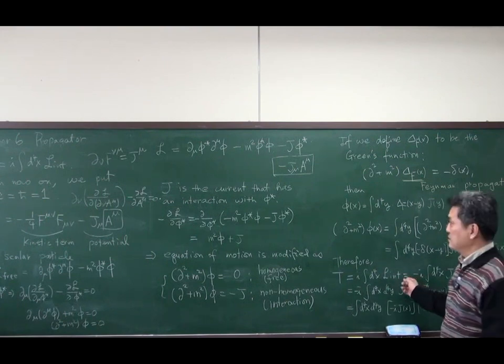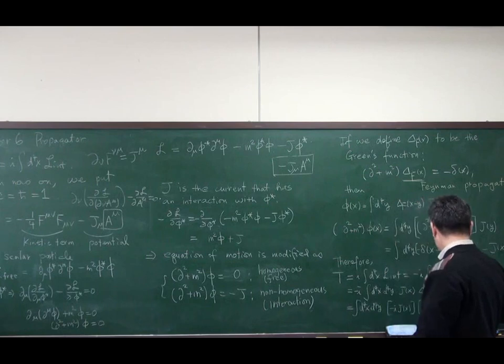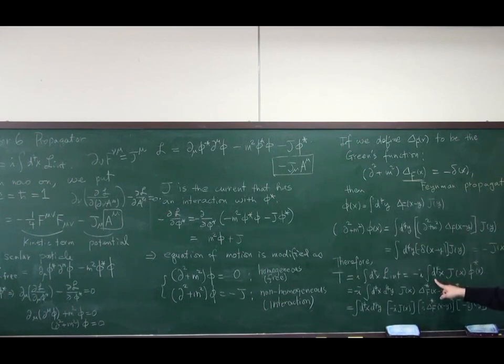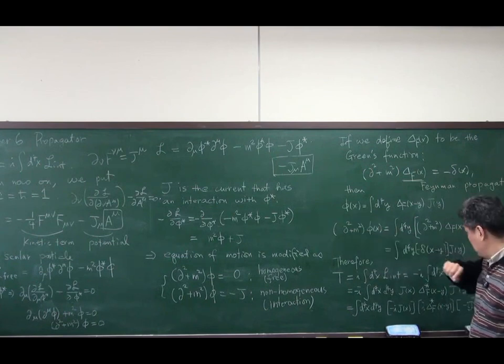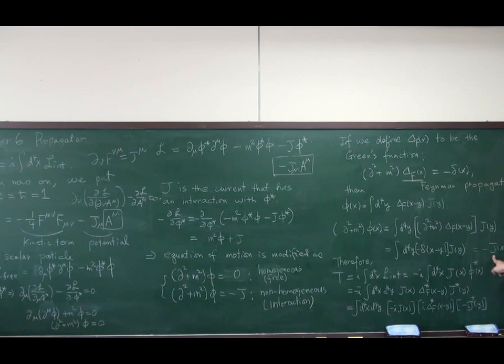And the interaction Lagrangian in here is j phi, both functions of x. But let us make use of the fact that phi(x) is minus j(x) convolved with the propagator.